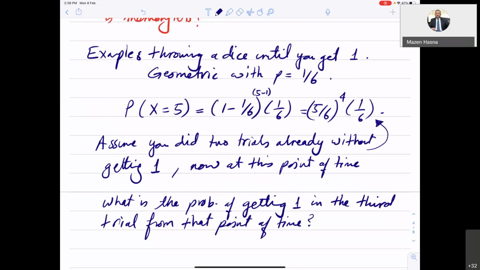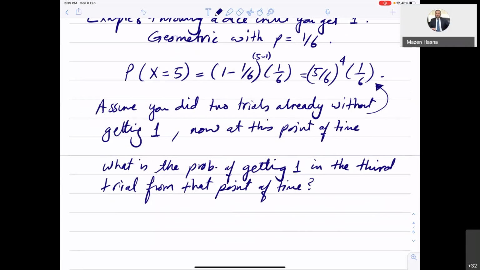The memoryless property tells you, if you stop in the middle and you start calculating probabilities again, forget about the past. Forget about how many trials you did and start all over again. So if I come to you after the 2nd trial and I ask you, what is the probability that you will get 1 in the 3rd trial? It's like I'm asking you, what's the probability of x equals 3?